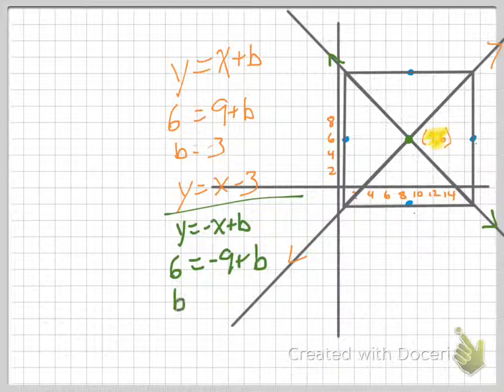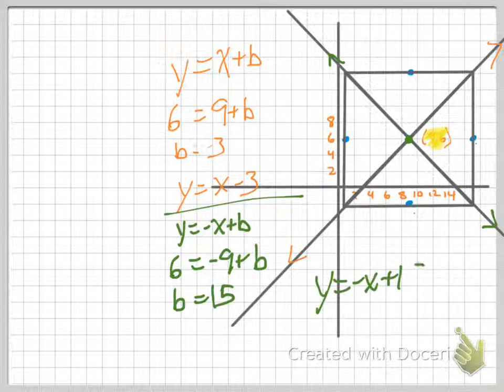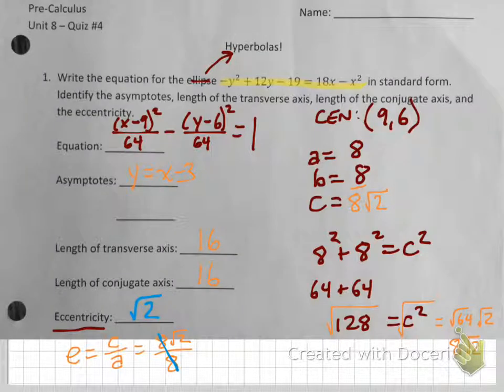Add 9 to both sides, b is 15. So our equation for that one, y equals negative x plus 15. Alright, we can plug that into our blank. Alright, and that takes care of number one. We found our standard form equation and each of the components that we were asked for.